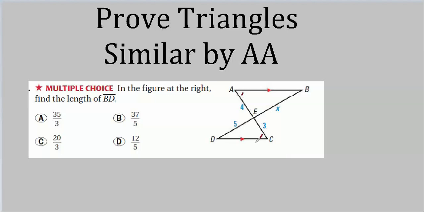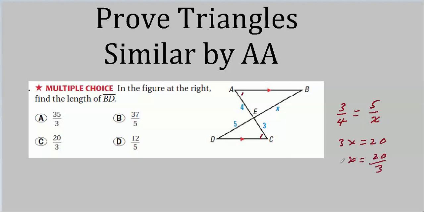So our proportion should be this side to this side is the same as this side to this side. So we get 3 over 4 equals 5 over x, or 3x equals 20. X equals 20 over 3.